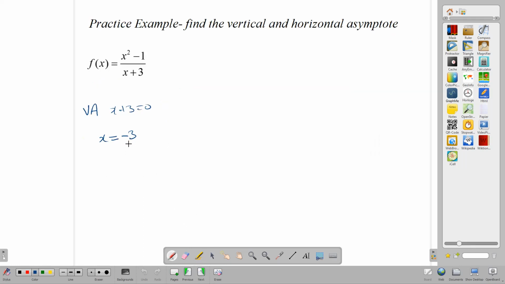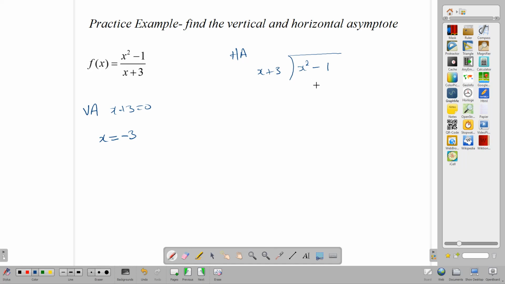And the horizontal asymptote now, we need to divide to find what the actual equation is. We can divide x squared minus 1 by x plus 3.